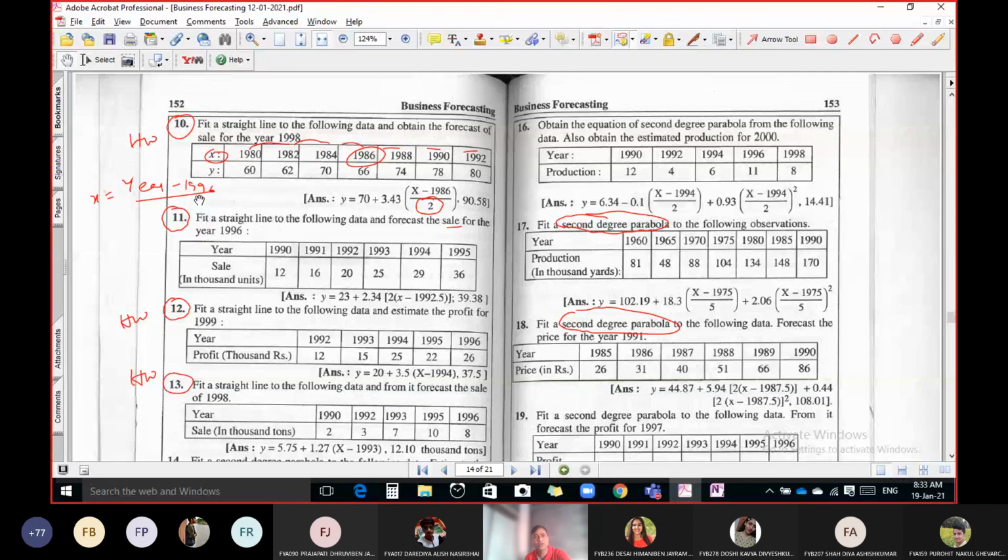If we divide it by 2, we get different values of x, that is minus 3, minus 2, minus 1, 0, 1, 2, 3, and it reduces our calculation. But it is not compulsory to do like that. You can solve by any method, you will get the same answer.